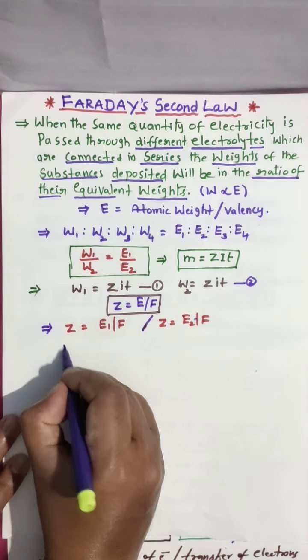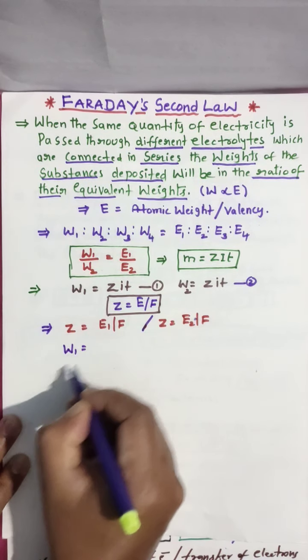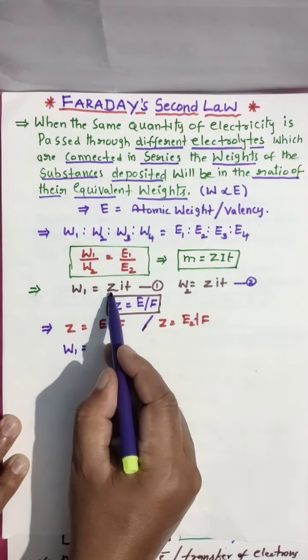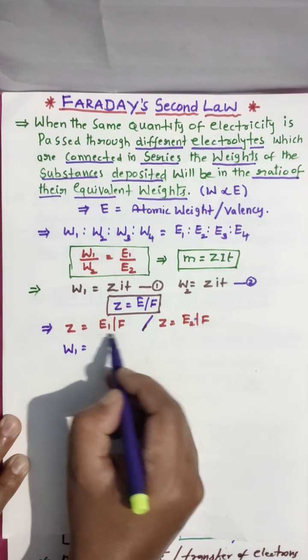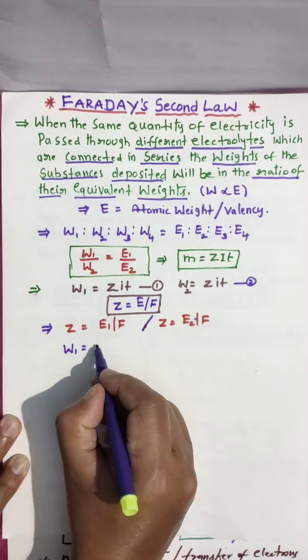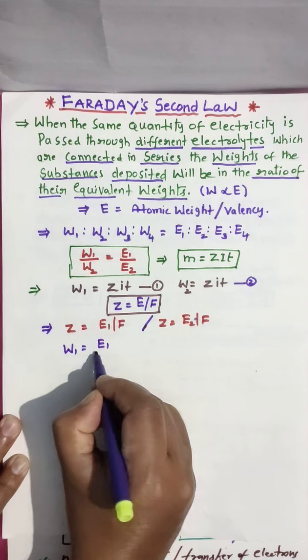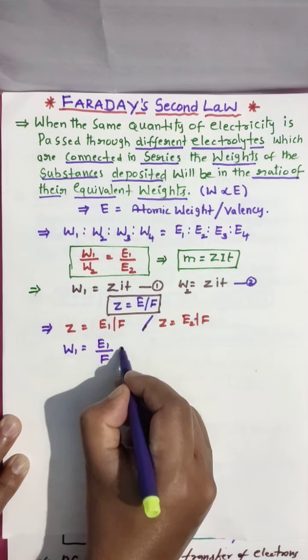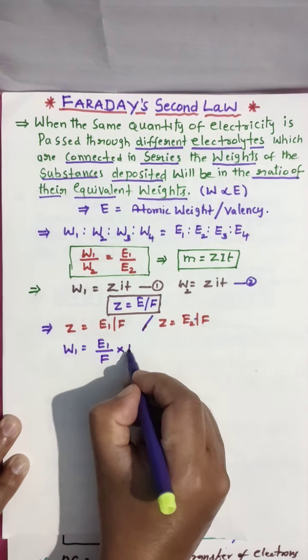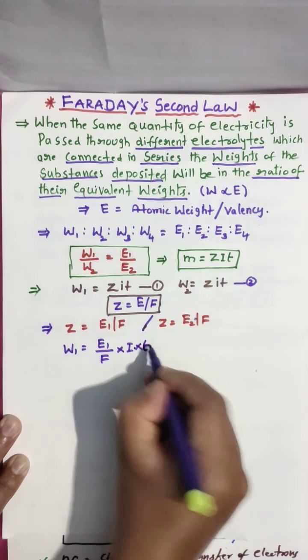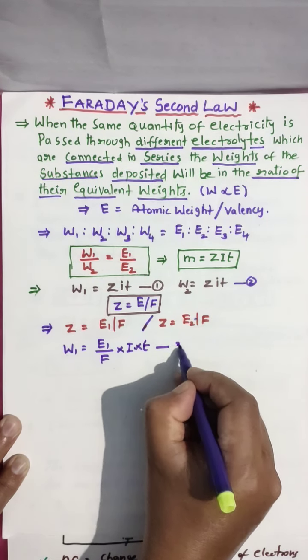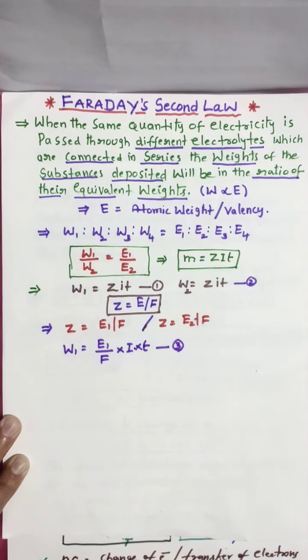Now W1 equal to what formula? ZIT. In place of Z we substitute E1 by F. So E1 by F into I into T. Clear? You take this as equation number 3.